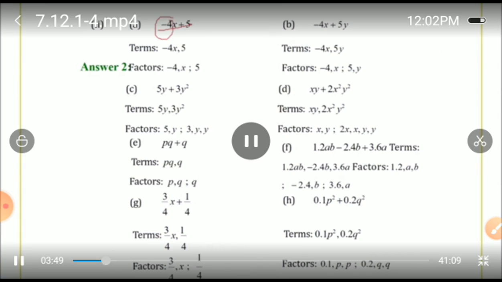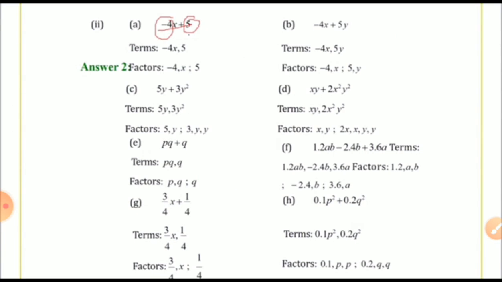Okay, look at the fourth one also very easily. Factors of minus 4x and 5y plus 3y square. Yes my dear students, terms are 5y and 3y square. Factors are 5 and y, and 3, y and y, isn't it? Correct. D: xy and 2x square y square.